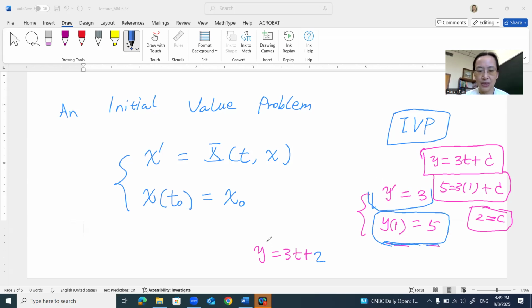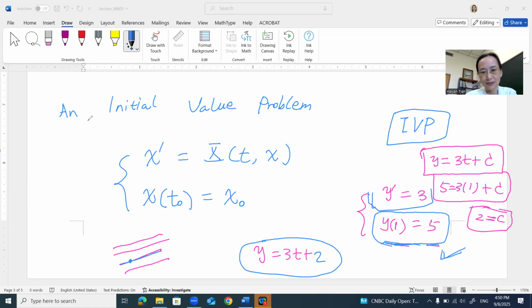So then we found one unique curve. From all the solutions with the slope 3, all the lines, there's one line that will satisfy this initial data. So when t is 1, y is 5. So then we pick out that one line as a solution to the initial value problem.